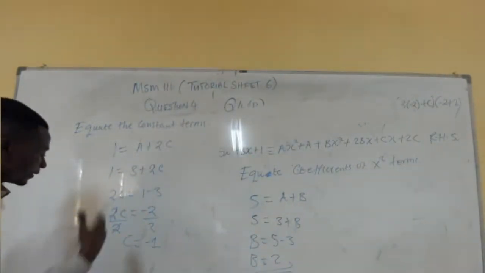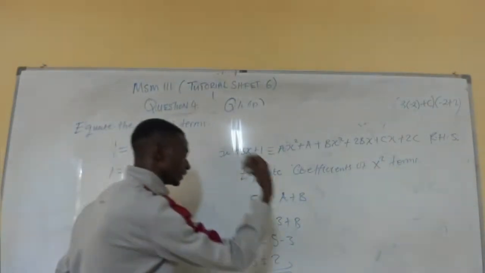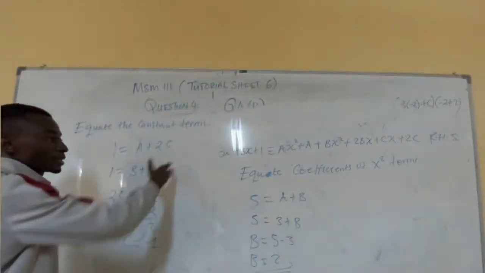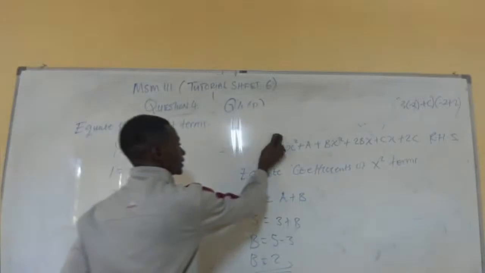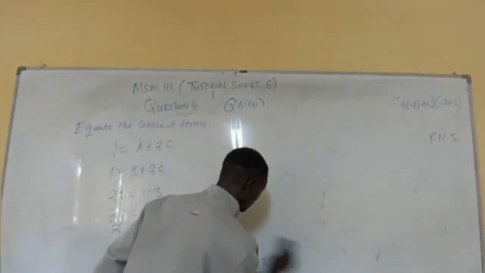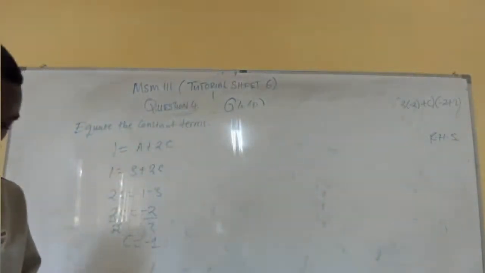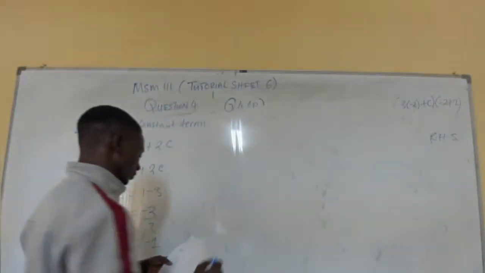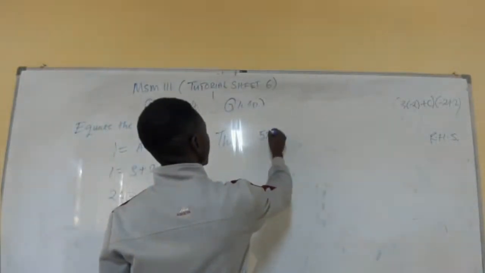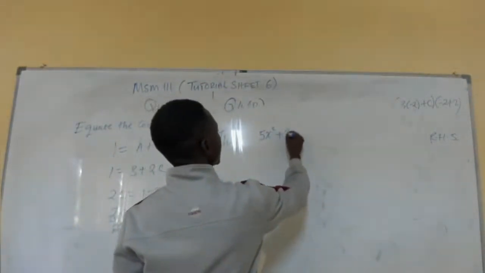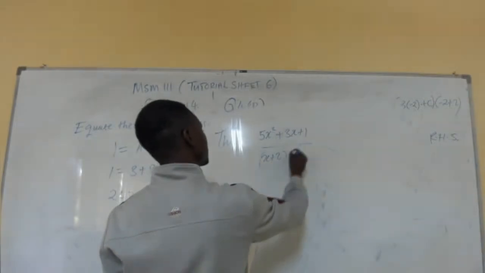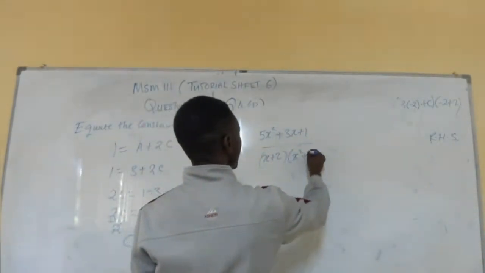Since we now know the value of c, the value of b, and the value of a, we can now resolve the expression into partial fractions. So now let's do that. Thus, 5x squared plus 3x plus 1 over x plus 2 times x squared plus 1.